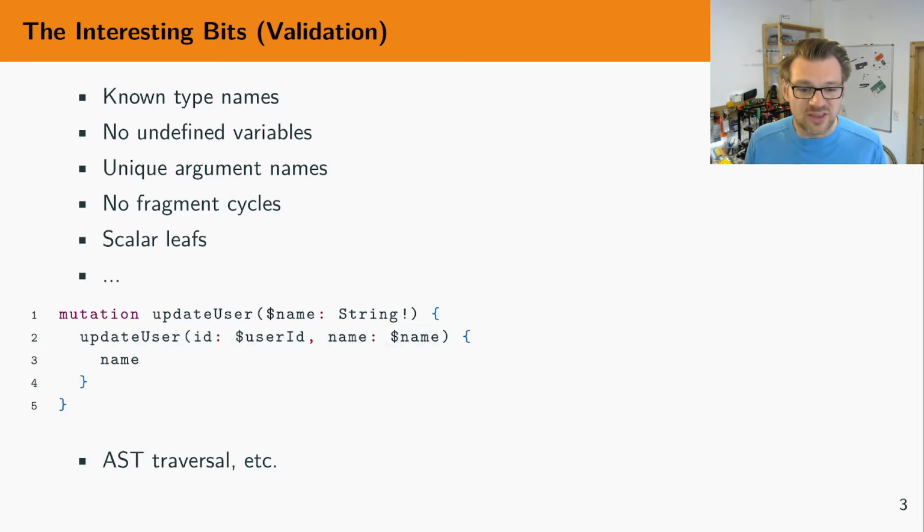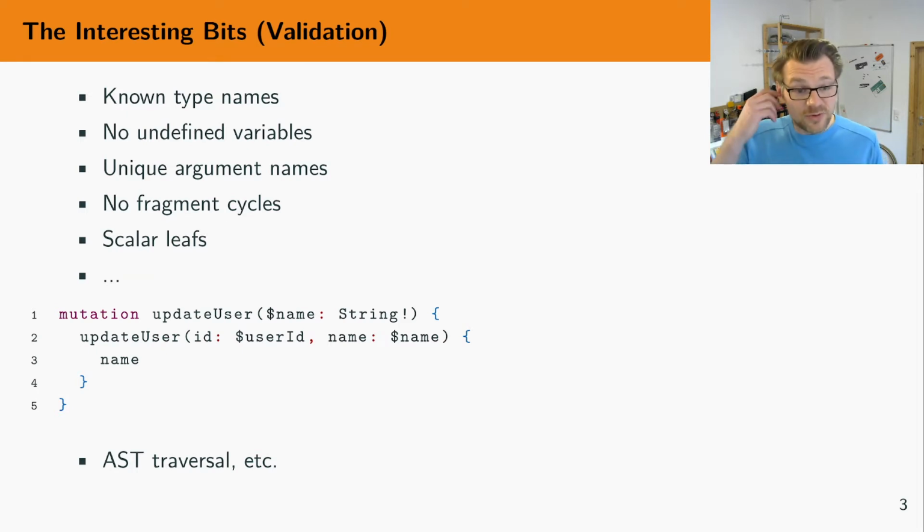And here we see that we have an assignment of userId with the $ sign in front to ID, and an assignment of name with the $ sign in front to name. And here we see that userId isn't actually defined. So we could tell that we will throw an exception that the variables or arguments aren't all defined, and we can't process your mutation here.